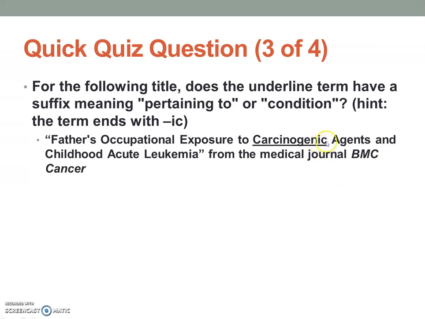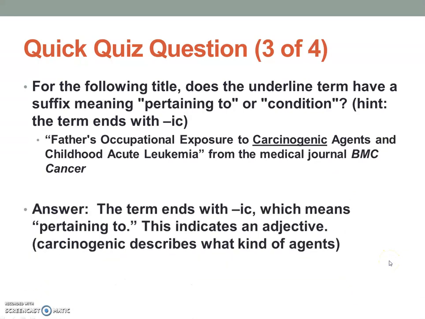Does this mean pertaining to or condition? The term ends with ic, which means pertaining to. This indicates an adjective. Carcinogenic describes what kind of agents.